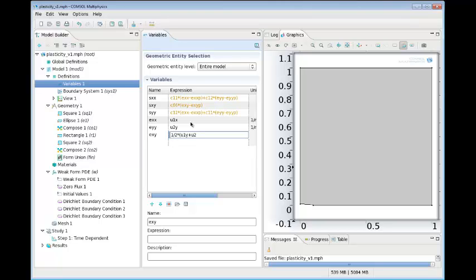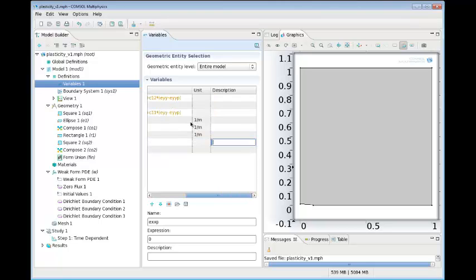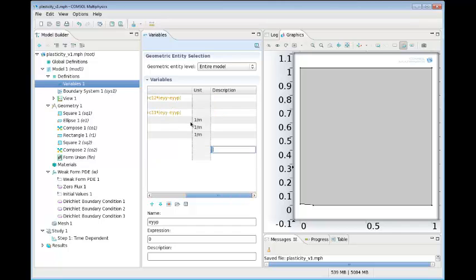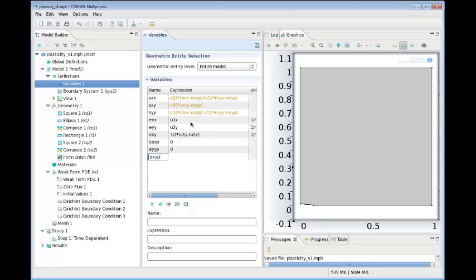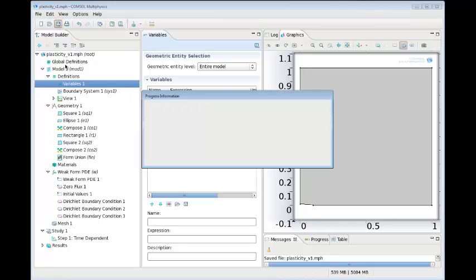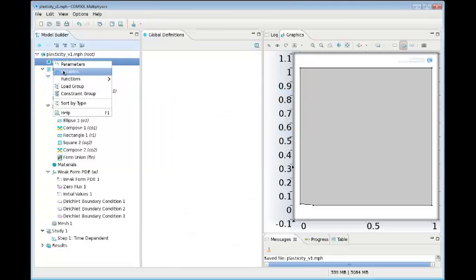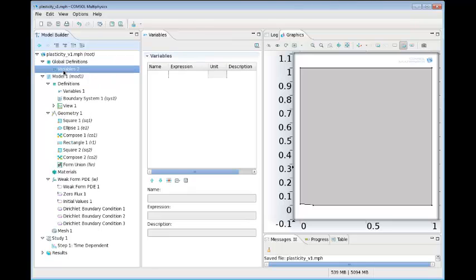Let's come up to variables. Okay. We need values for C11. This can be related to elastic modulus, Poisson ratio. And let me pull that out of the text, see if I can find that in Reddy very quickly.